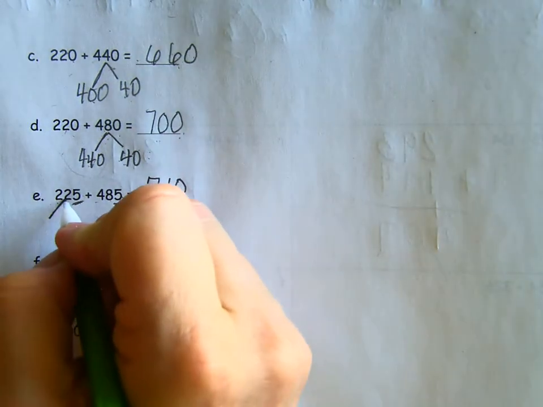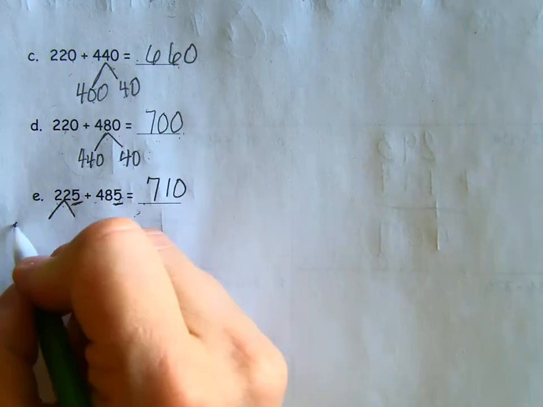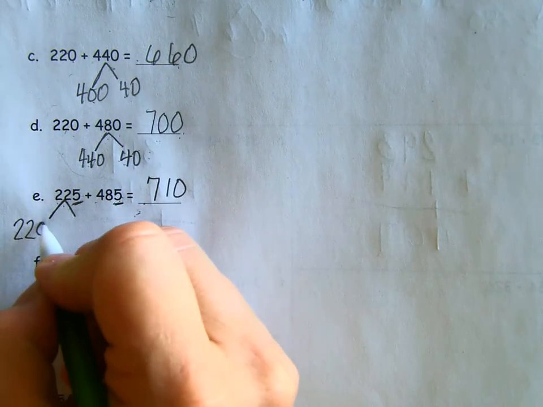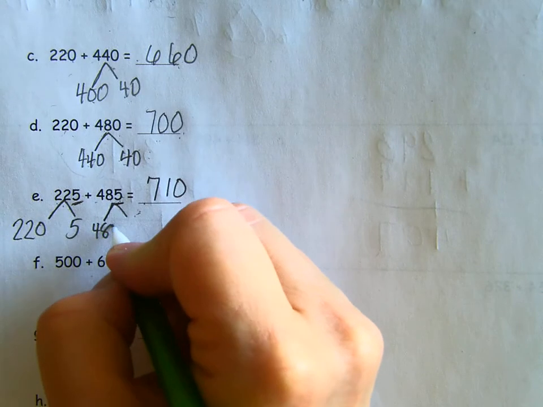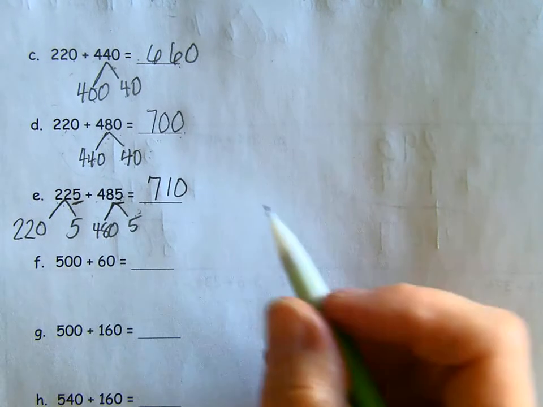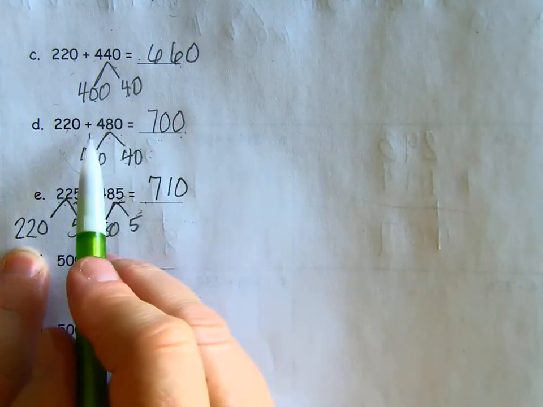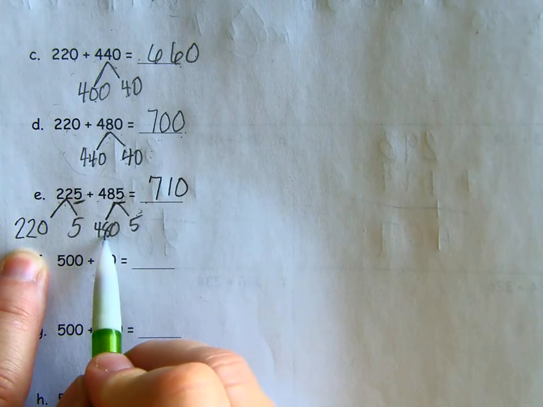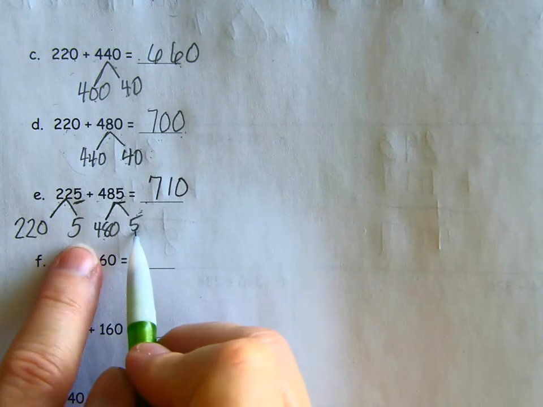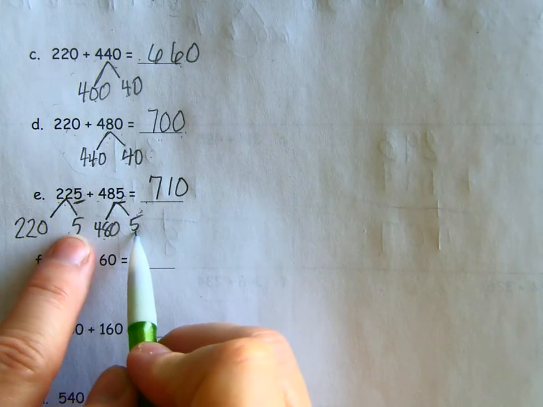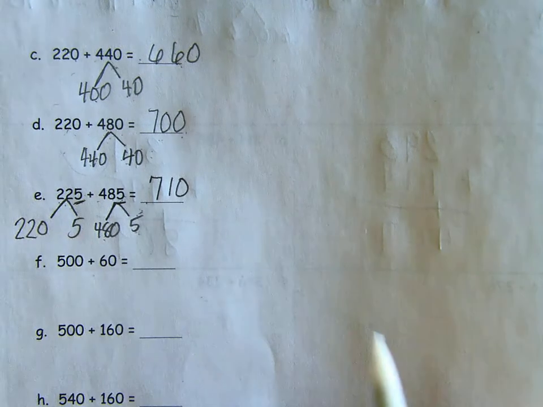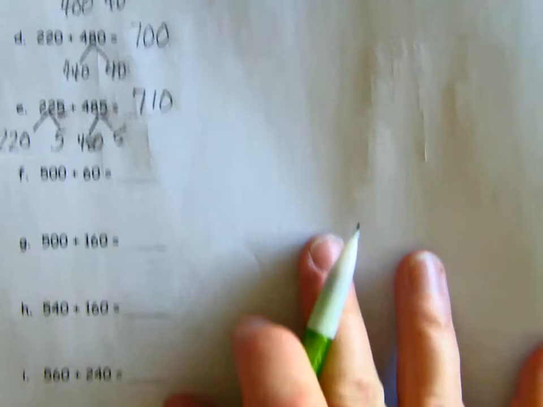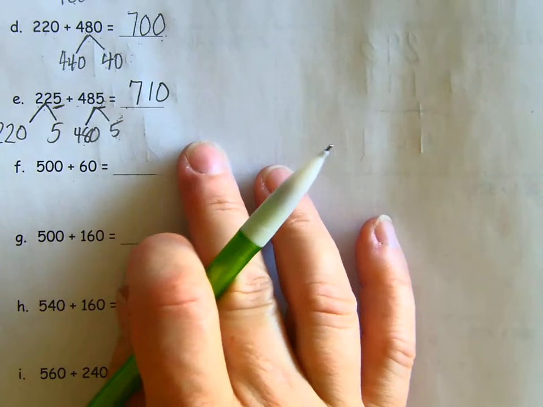If you want to make it more clear, we can break it up. So we have 220 and 5. We have 480 and 5. These two we just solved. That's 700. So we just have to add those two in. 5 and 5, 10.